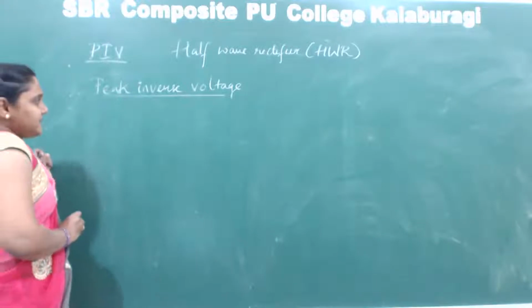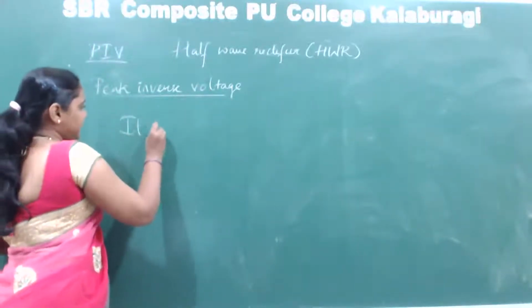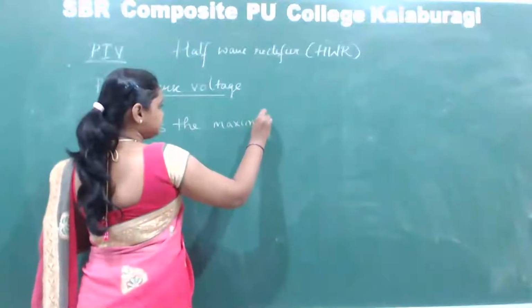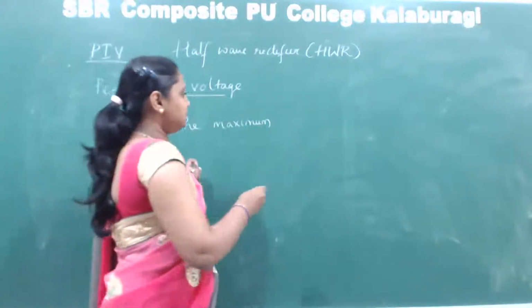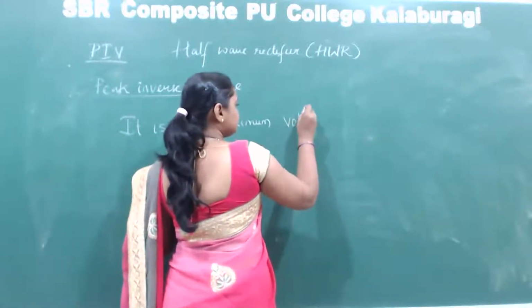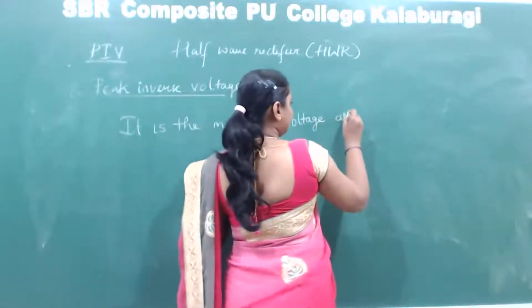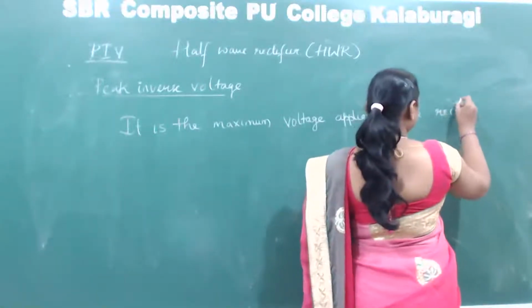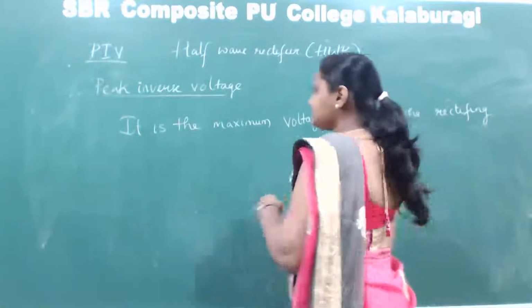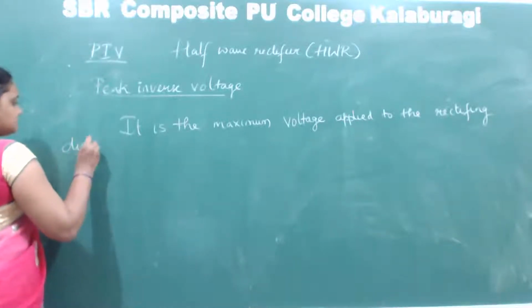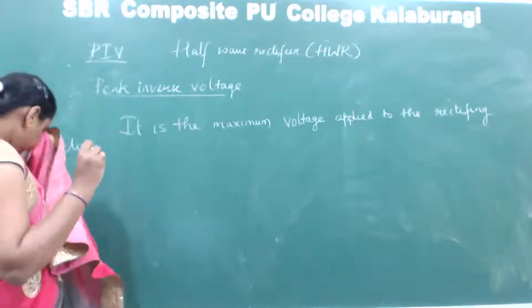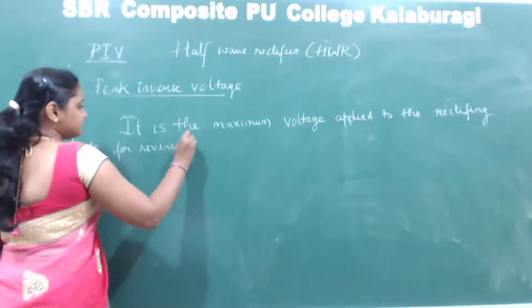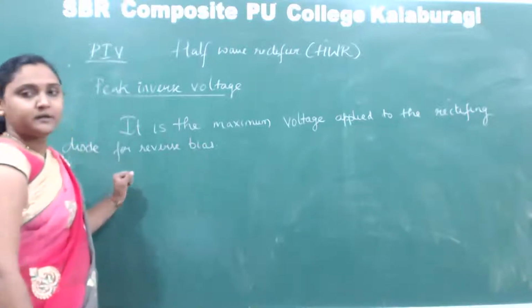First of all, it is the maximum voltage applied to the rectifying diode when it is under reverse bias.